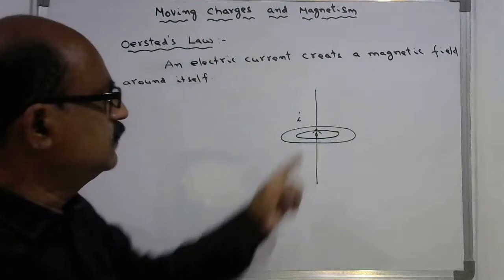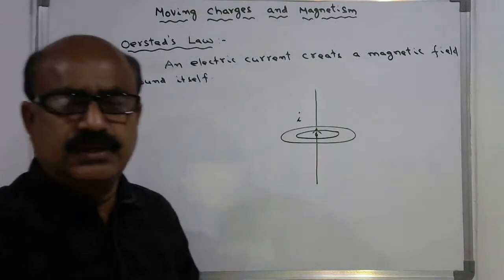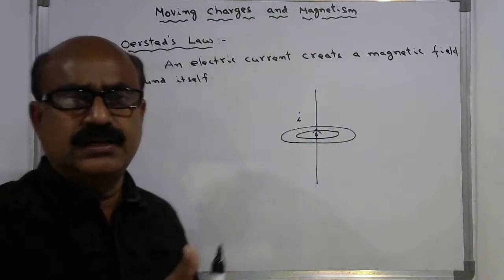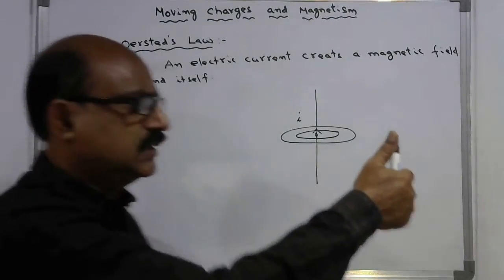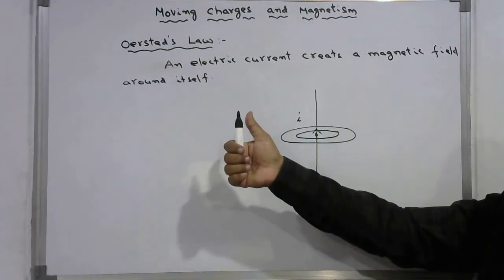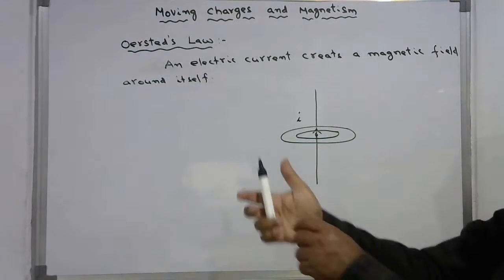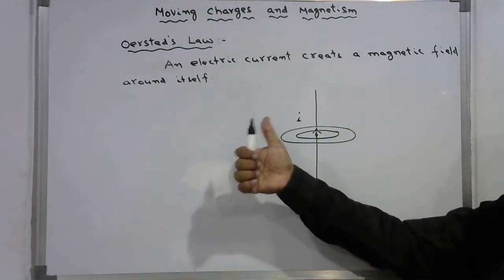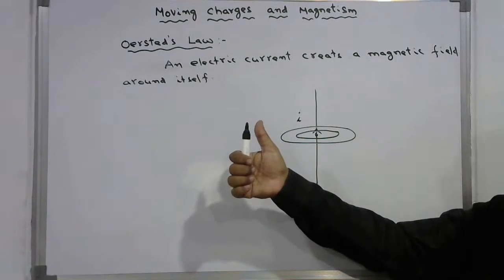The direction of the magnetic field is given by the right hand thumb rule. Observe, this is the right hand thumb rule. Hold the conductor with your right hand.